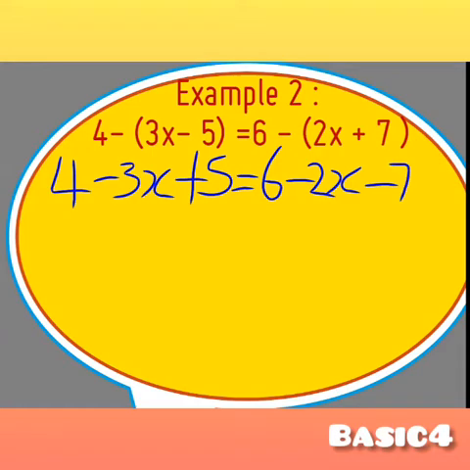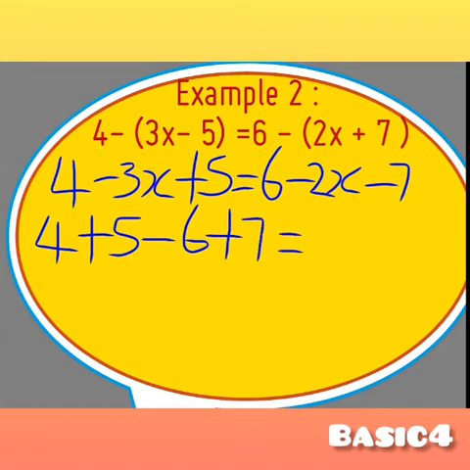Brackets have been opened. You bring the like terms together. The like terms here at the left side are 4 plus 5. But we still have constants at the right, so they will have to cross the sign of equality. So positive 6 will cross the sign of equality, becomes minus 6. And minus 7 crosses the sign of equality, it will become plus 7.